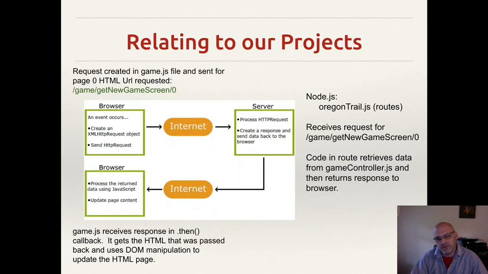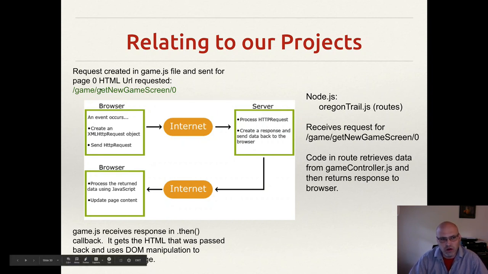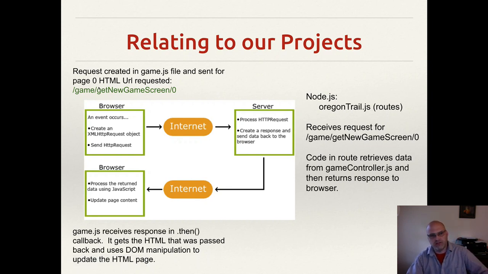Okay, so bringing this full circle, how could this be used in our projects? If you imagine from project 1, you have some kind of client-side event that happens that calls back to the server. You created lots of routes for that on the server side. Let's say that we create a route on the server side similar to our APIs called game screens.